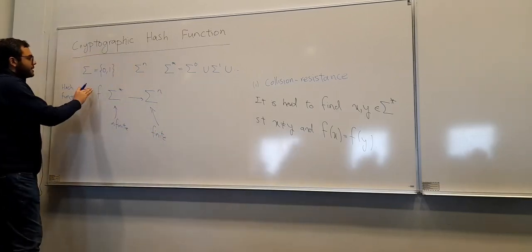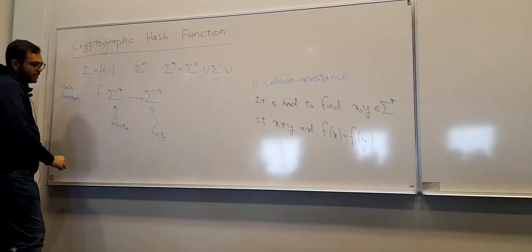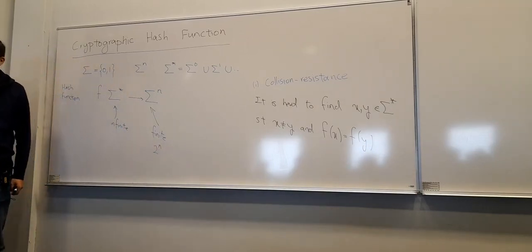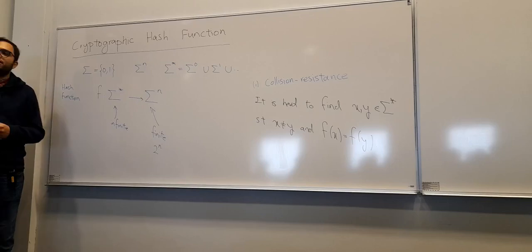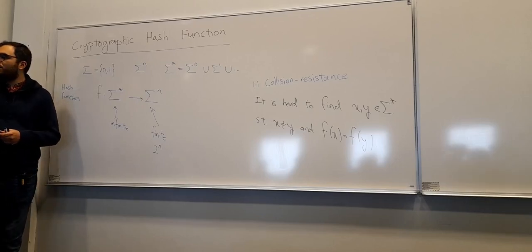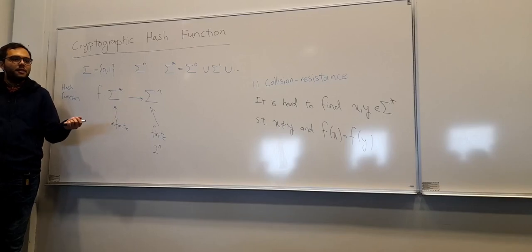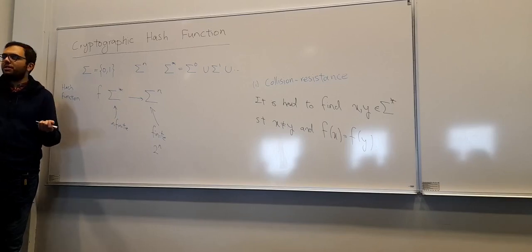And in this case, since my alphabet has only 2 letters, the size of this codomain is 2 to the power of n. So a simpler way of thinking about this is that if your hash function is outputting a hash or a digest of length 256, you can have at most 2 to the power of 256 different values, right?